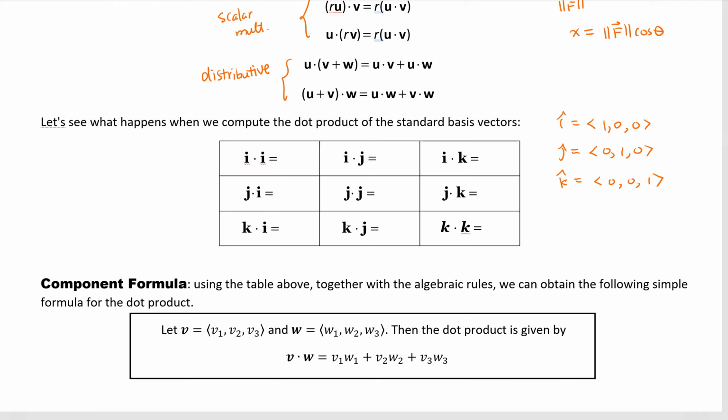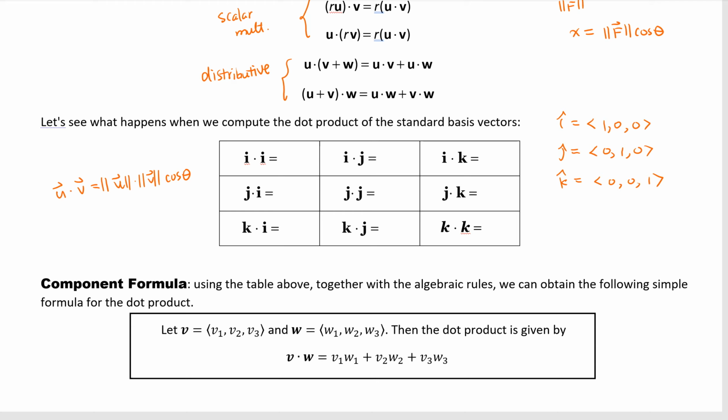Okay, so keep in mind u dot v is the magnitude of u times the magnitude of v times cosine theta, where theta is the angle between them.